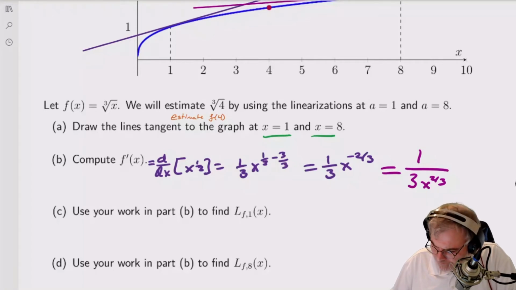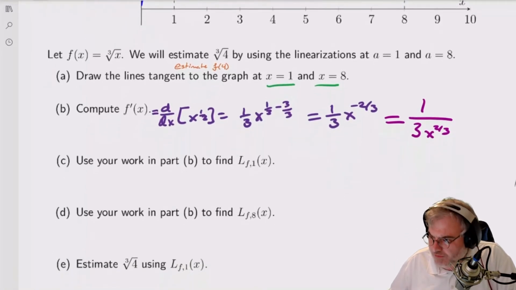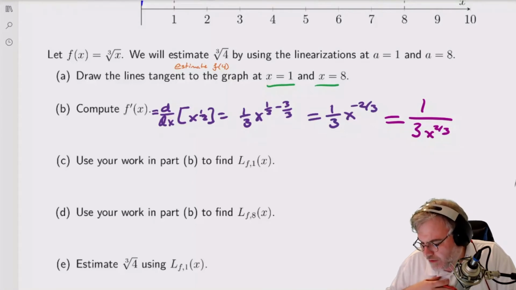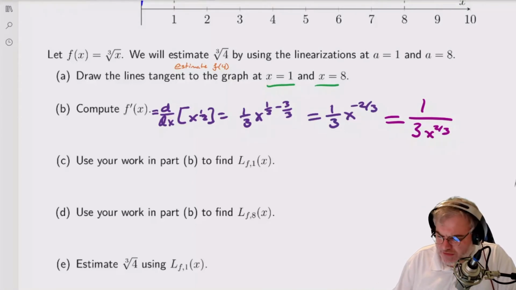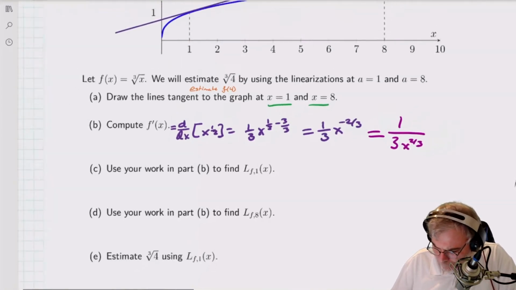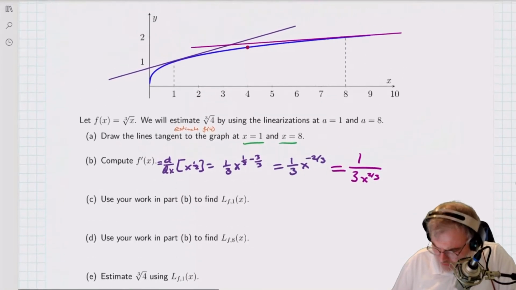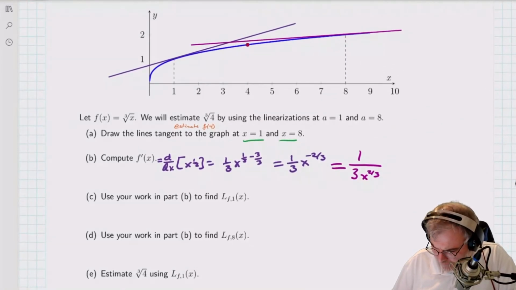Yes, I could, but look at these numbers I'm going to be playing with later, 1 and 8. For me, it's faster to work with the exponent form, and I'll show you why in just a moment.